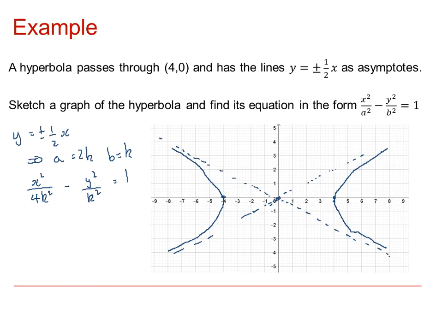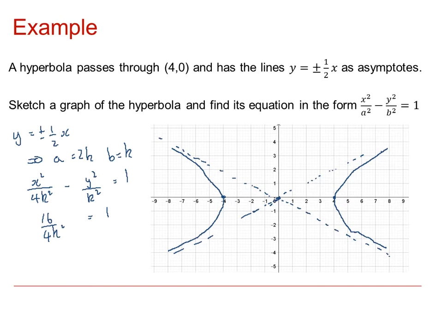But we know that when x is equal to 4, then we have y is equal to 0, so substituting that into the equation, 16 over 4k squared is equal to 1, which gives k squared equal to 4, and therefore k is equal to plus or minus 2.